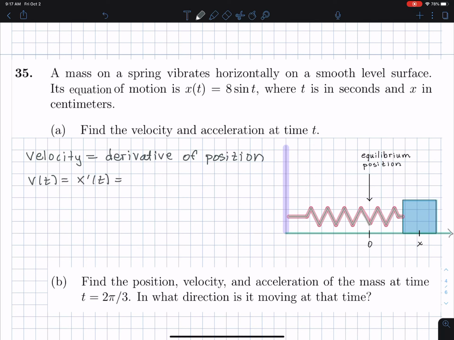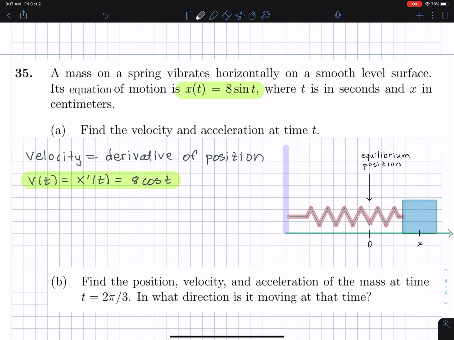And let me highlight what x of t is. X of t is 8 sine t. So we take the derivative of x of t, and that makes 8 cosine t. Then that gives us one answer. We're trying to find the velocity function.